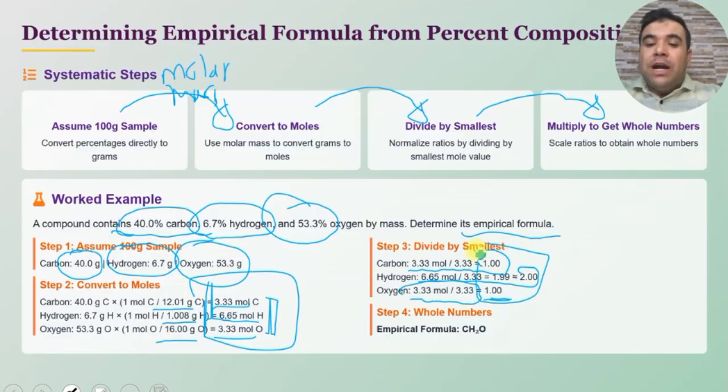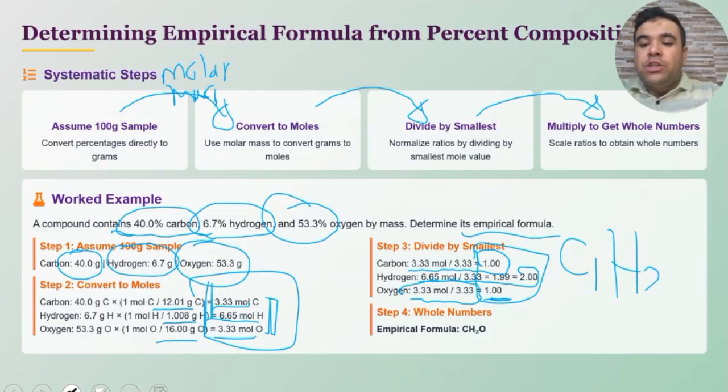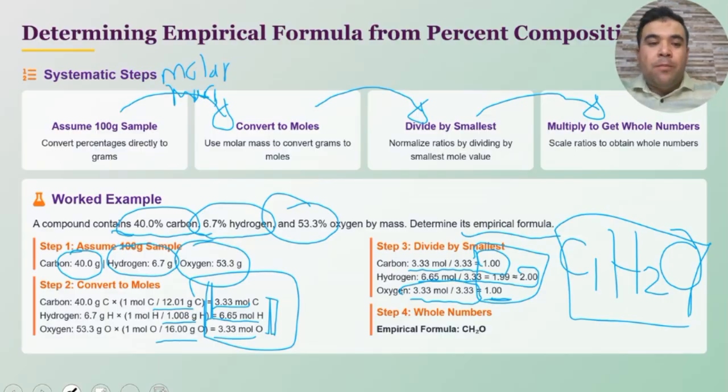These results, guys, represent the subscripts of those elements. So we can say that the subscript of carbon is 1, the hydrogen is 2, and oxygen is 1. This is the empirical formula of that compound.